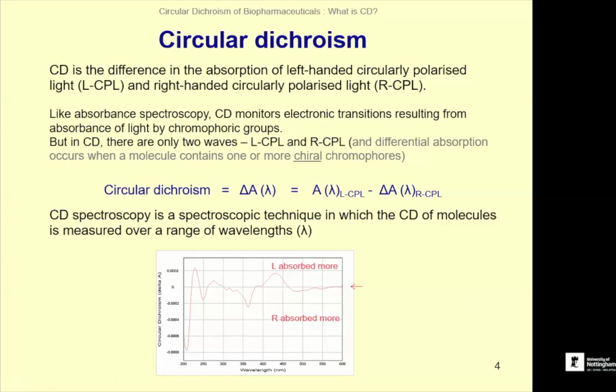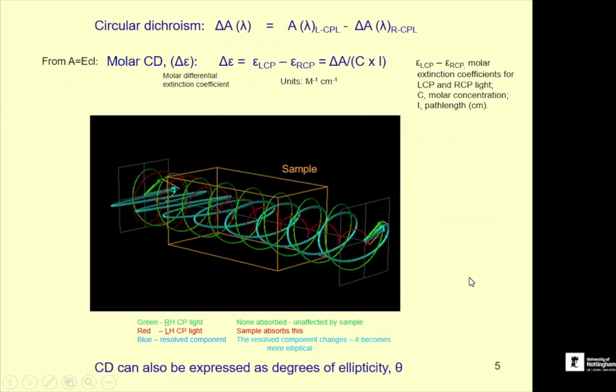Is that right? Okay. And this equation just reflects that, the difference in absorbance by right and left-handed light. Two components to that. So we can express CD in that way, just the change, delta absorbance. There are other ways of expressing it, which are good to be familiar with.